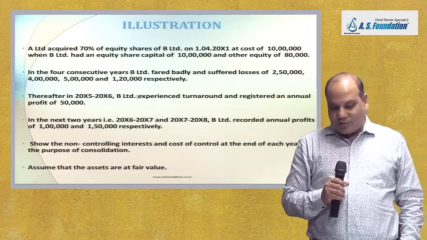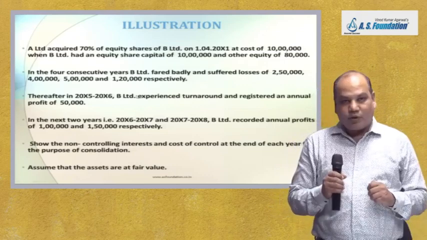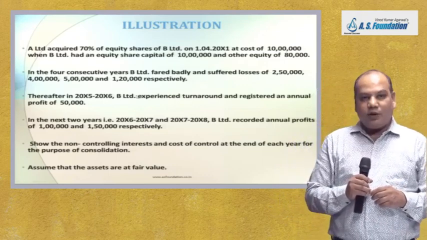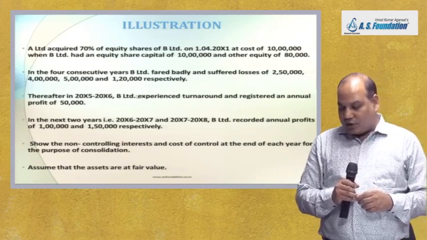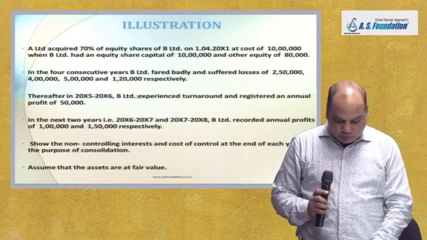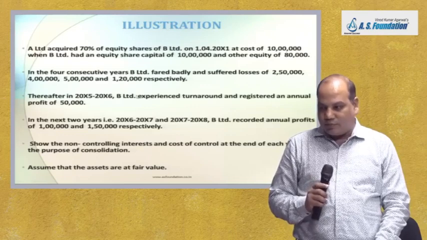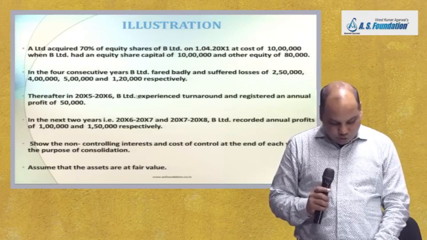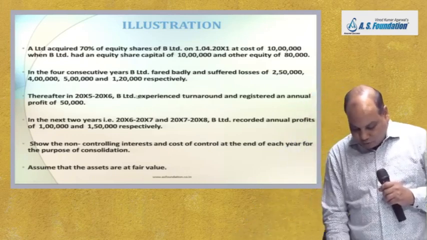In the next 2 years, that is in 2006-07 and 07-08, B Limited recorded annual profit of rupees 1 lakh and 1,50,000 respectively. Question is, show the NCI and cost of control. What do you mean by cost of control? Right, goodwill or GOBP, but we will prefer to write goodwill only.